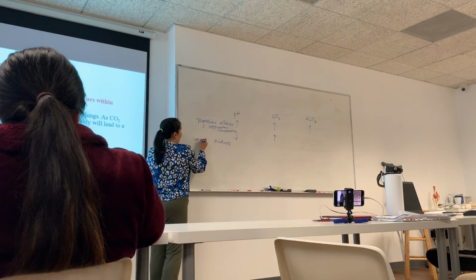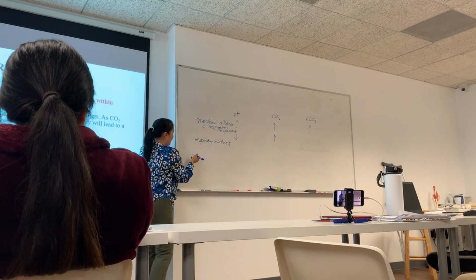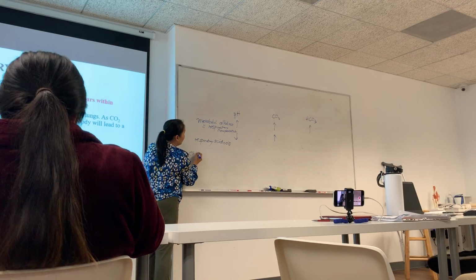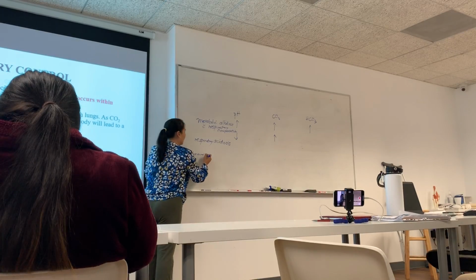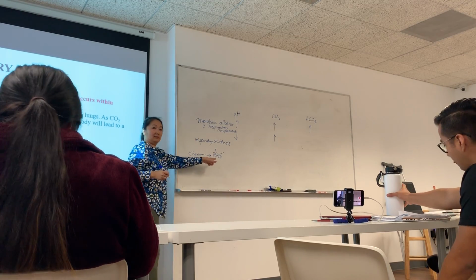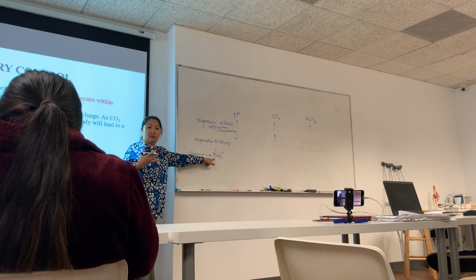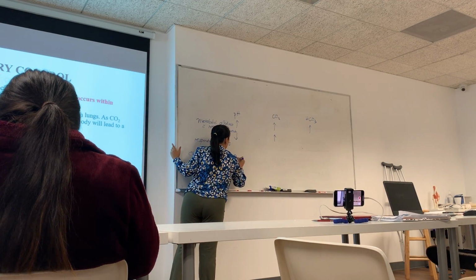So this is respiratory acidosis. And again, the chemical buffer kicks in. That didn't work. The respiratory system is what's causing it, so it's not going to fix it. And so renal kicks in.